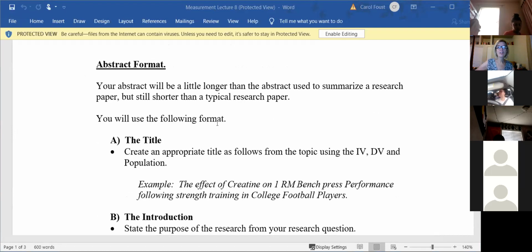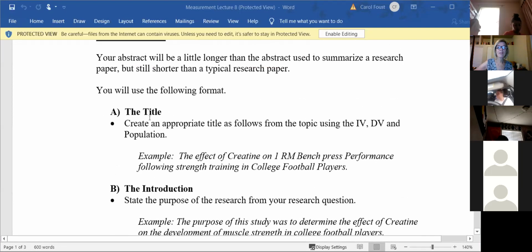The first thing that we always think about when we're writing a research-based report, based on the scientific method where we're laying out a hypothesis and testing the hypothesis, is that the title is really, really important. I'm going to show you the rubric here in a second, but there are points on the title. So your title is very important.